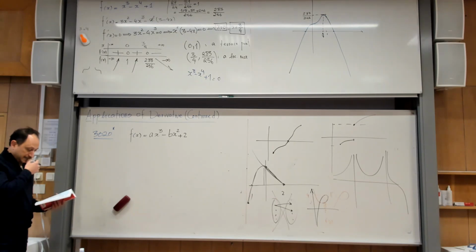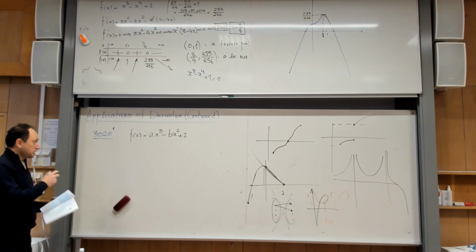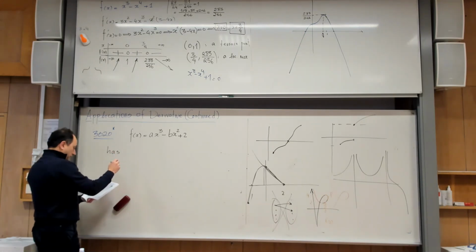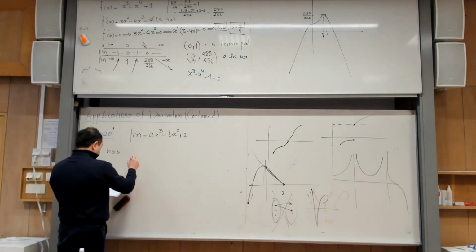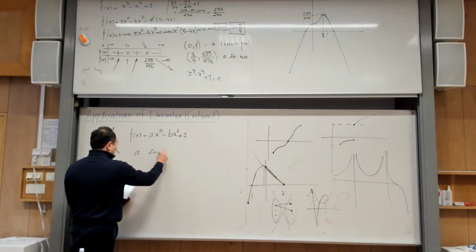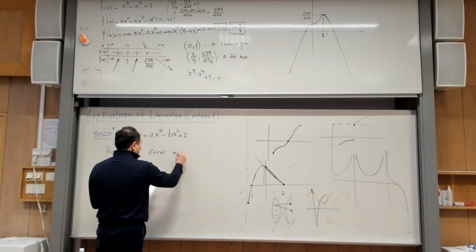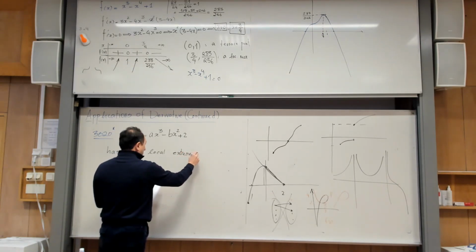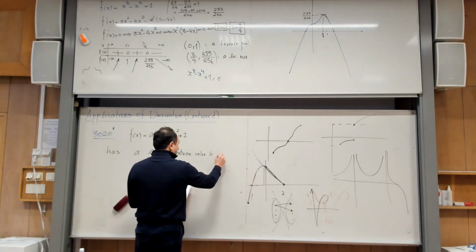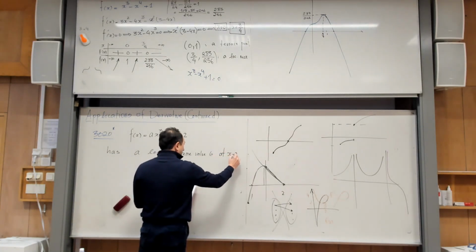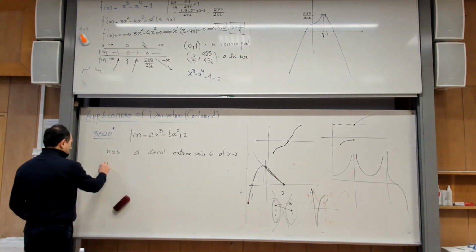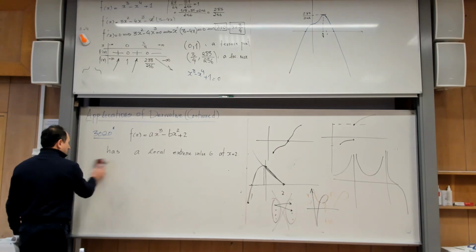They say that this function has a local extreme value 6 at x equals 2. Determine, so let me write, what is a, what is b?